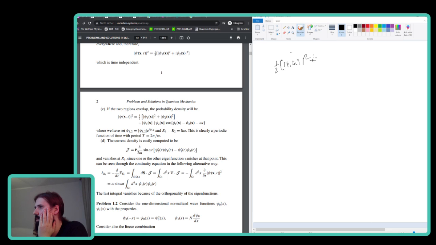Squared plus psi 2 x squared, and so this is one term, and then let's think about the other term. Let's think about this term first, because it seems to be vanishing in a way, but I don't know.